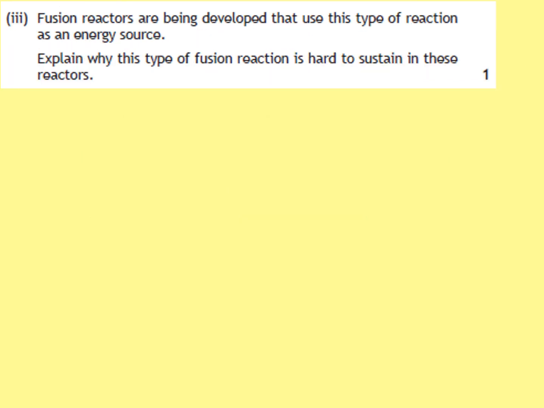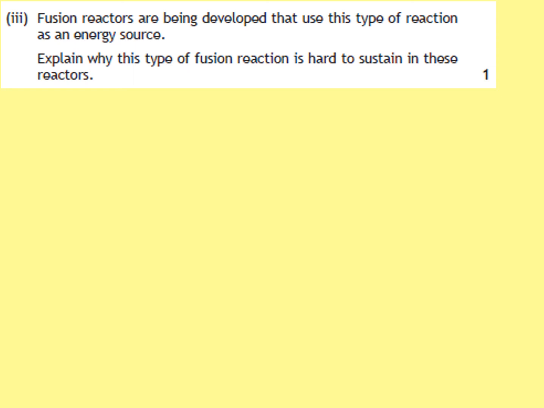In part 3, we're told that fusion reactors are being developed that use this type of reaction as energy source, and they are. Explain why this type of fusion reaction is hard to sustain in these reactors. Well, there's lots of different reasons for this.